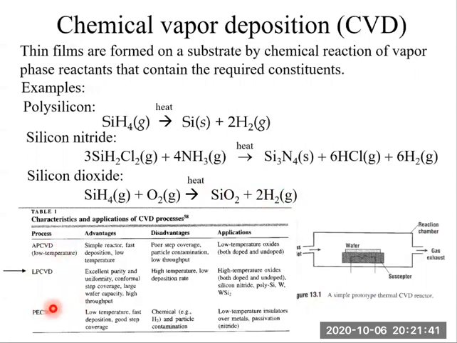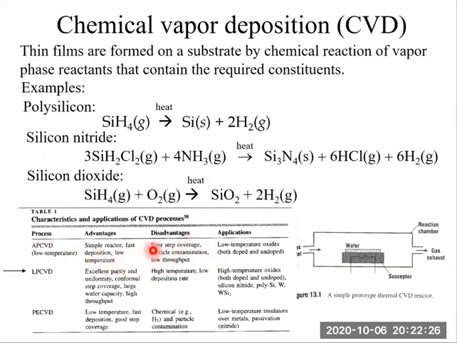As we can see in this table, there are typically 3 CVD methods. First is APCVD. AP stands for atmospheric pressure, so atmospheric pressure CVD. Advantages of APCVD: first, a simple reactor. This is obvious because APCVD does not need a vacuum, so the reactor is very simple, probably just a furnace. Fast deposition, low temperature.